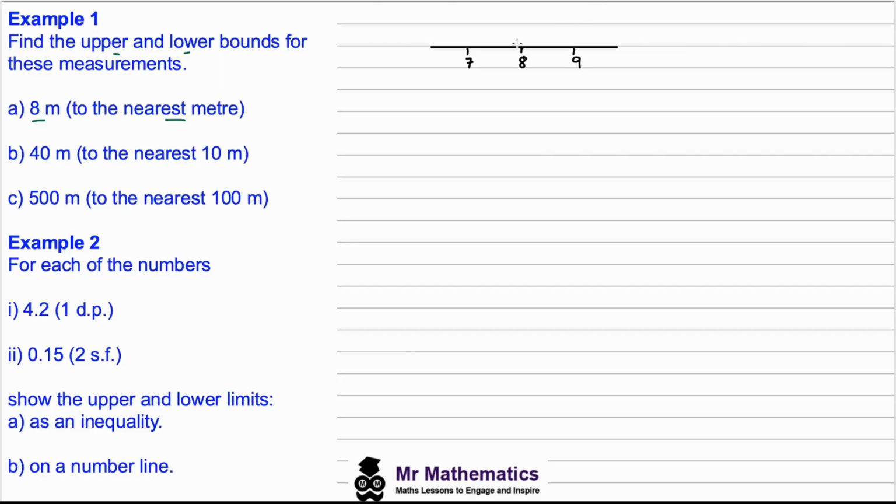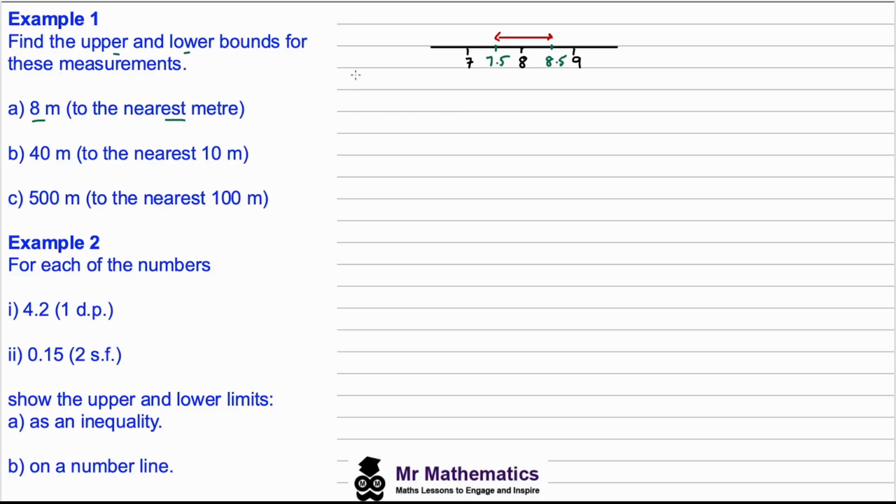So we need to find the point at which a number gets rounded to 8 rather than the 7 or the 9. And this will be the point halfway between the two sets of numbers. So we've got 7.5 here and 8.5 here. So when we're looking between the 7.5 and the 8.5, clearly these numbers are closer to 8 than they are to the 7 or the 9.